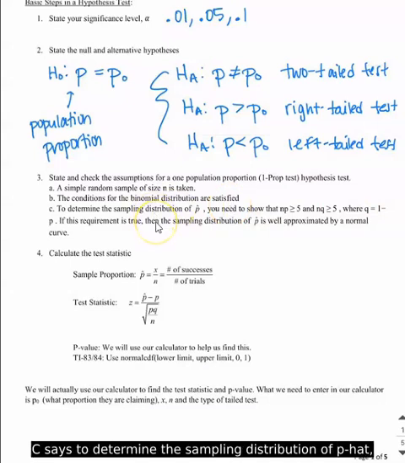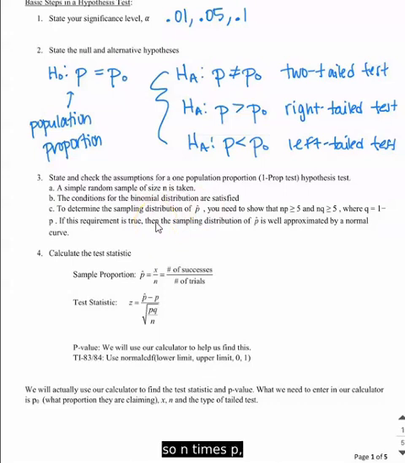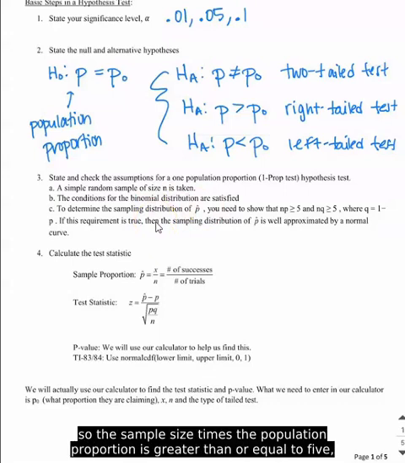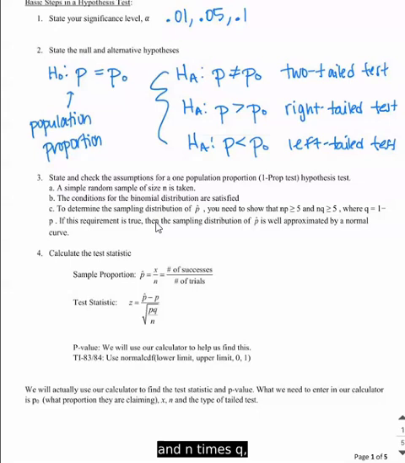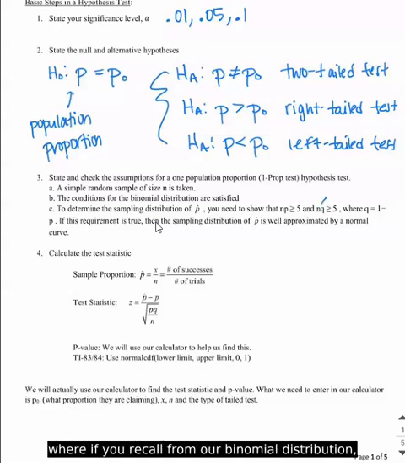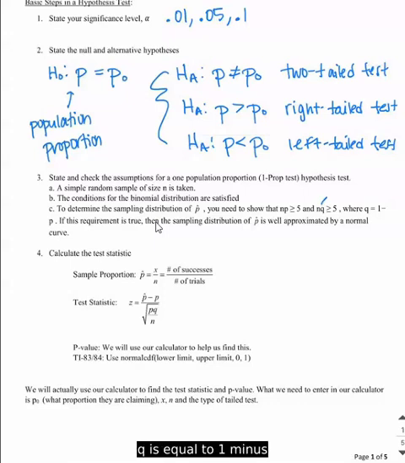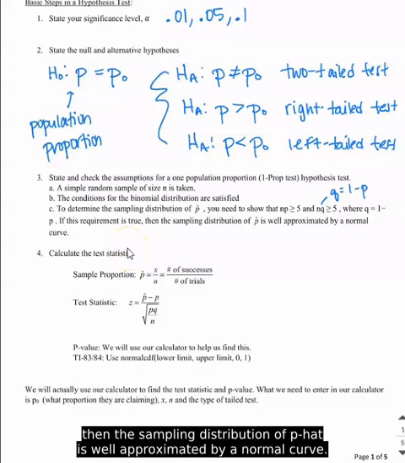C says to determine the sampling distribution of P hat, you need to show that N times P, the sample size times the population proportion, is greater than or equal to 5, and N times Q is greater than or equal to 5, where, if you recall from our binomial distribution, Q is equal to 1 minus P. If this requirement is true, then the sampling distribution of P hat is well approximated by a normal curve.